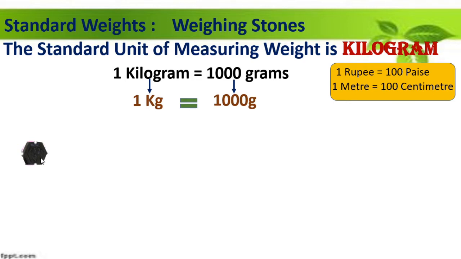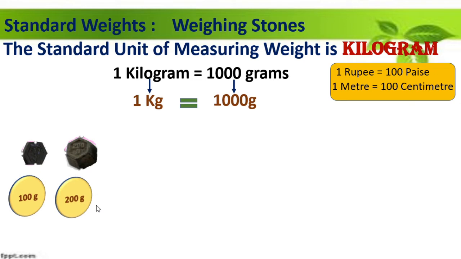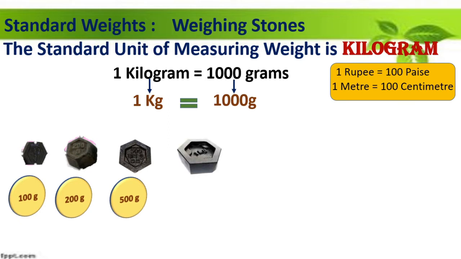Now here we will go through some weighing stones. See, this is a stone. Yes, that is of 100-gram weight. Okay. See this. You can read here. This is of 200-gram weight. See this. Here 500 grams, half kg, right? Now this one is 1 kg.